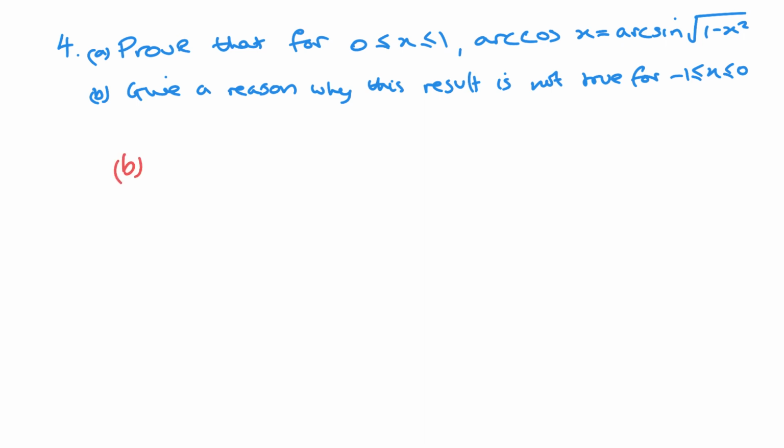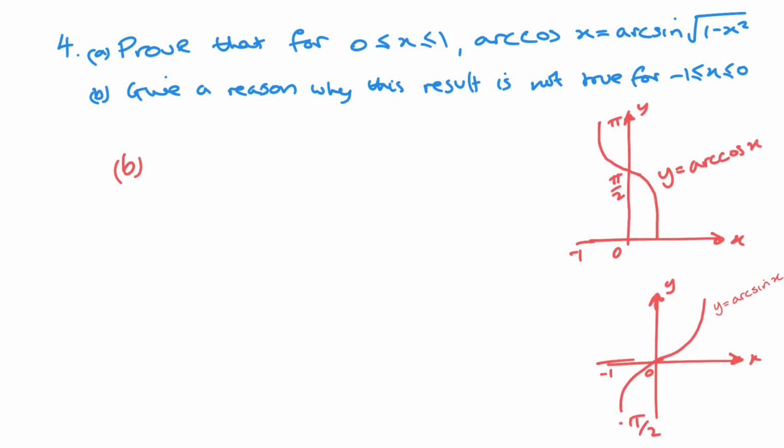Now for part B, this is all about the range, and if you look at what's happening between 0 and minus 1. So here are my two graphs, and when I look between 0 and minus 1 of my arccos, you can see that we go between pi by 2 and pi, whereas if I look between 0 and minus 1 of my arcsine, we're going between 0 and negative pi by 2.